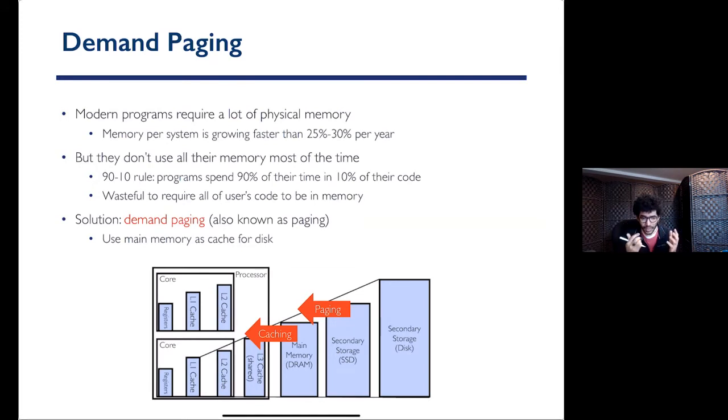If each one of them requires some number of megabytes and I don't have enough physical memory, then I will have to do something about it. At some point, I will have to make a choice between having a physical page allocated to process 1 or process 2, because I can't have both of them in physical memory.